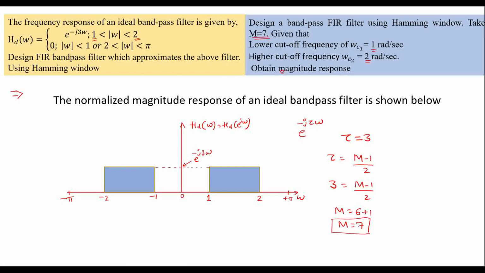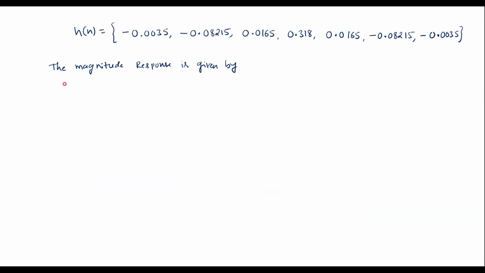So here it is asked that magnitude response. Now we'll try to find the magnitude response. In this problem, we can stop here finding h of n, but we are supposed to calculate magnitude response.